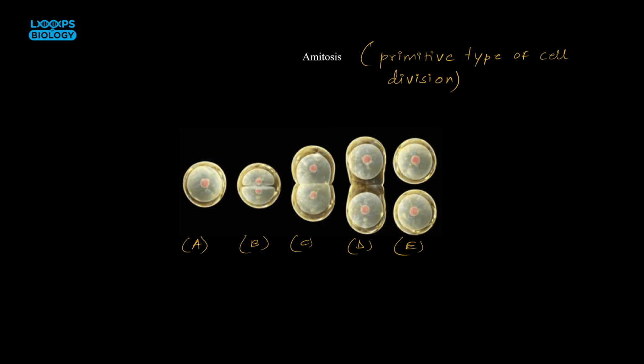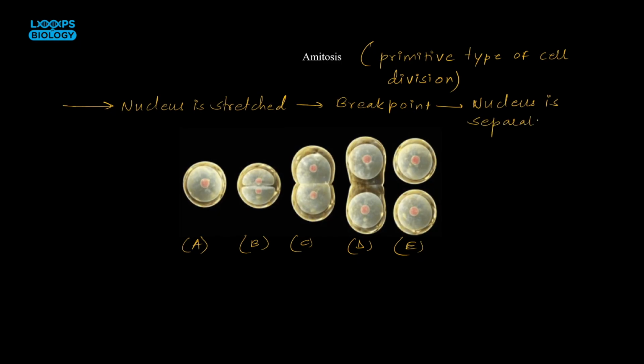There is just an elongation of the nucleus. After elongation, as when you are stretching a rubber, at one point the rubber will break. That point is called the break point, the point where the nucleus is stretched. There will be a break point, and at that particular point, your nucleus is broken down and separated into 2 nuclei.